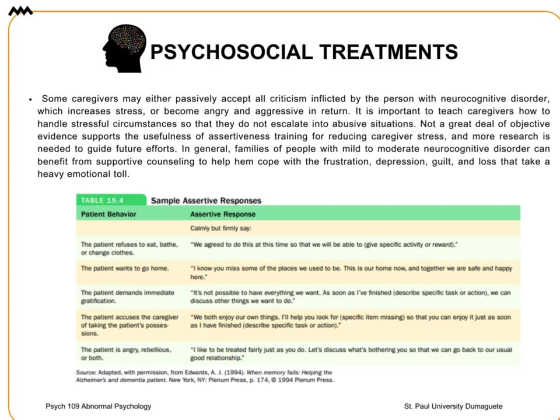And then we have the psychosocial treatments, as what I've mentioned before. This is useful when caregivers may be overwhelmed by their patients. So this can also be used to help both the caregiver and the elderly person with neurocognitive disorder.